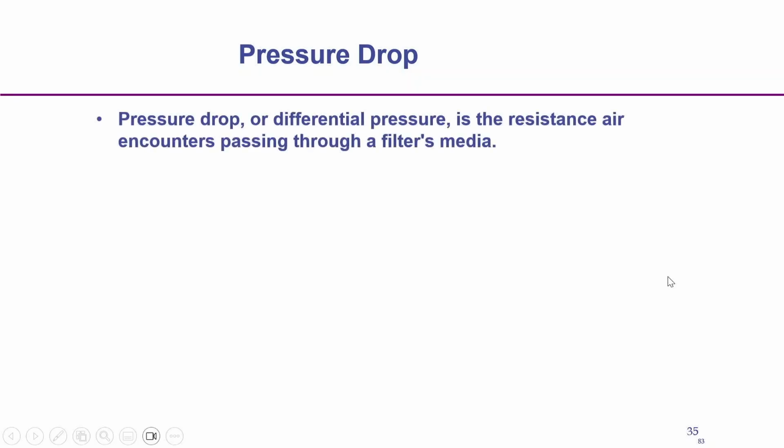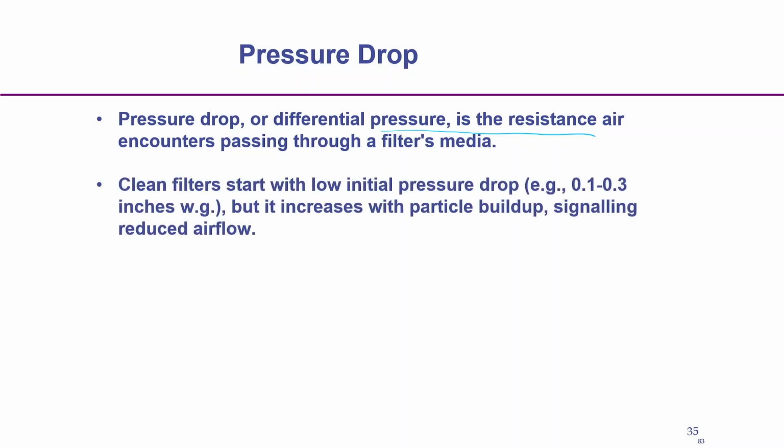Now, pressure drop is again a very important parameter here. The pressure drop, or differential pressure, is the resistance of air to flow during filtration, when air is passing through the filter. A clean filter starts with a lower initial pressure drop.